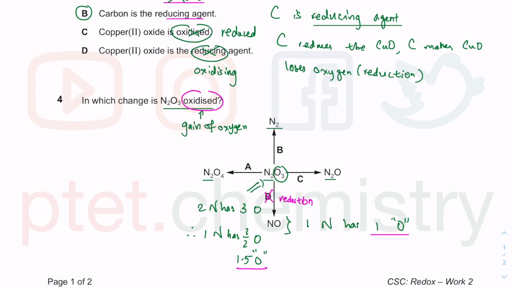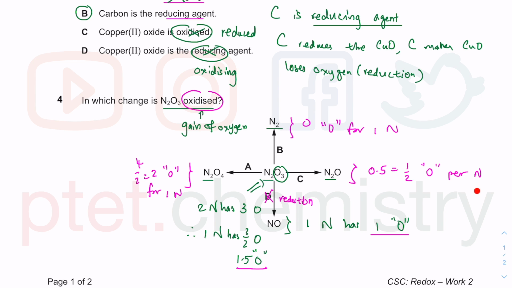We're looking at oxidation. But going through A, B, and C, they are the simpler ones. You can of course do 4 divided by 2 so that you get 2 oxygen for 1 nitrogen. Here you get 0 oxygen for 1 nitrogen, and here you get 0.5, which is the same as 1/2, because you got 1 oxygen shared between 2 nitrogen, so you got half oxygen per nitrogen.